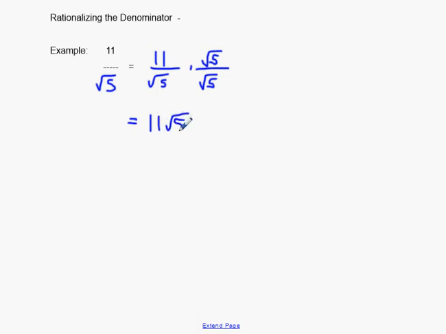In the denominator, we have square root of 5 times square root of 5, which gives us square root of 25, because they can be multiplied since they're both under the square root sign. And our final step is to simplify that denominator, because then we're asking ourselves what number times itself equals 25, and the answer is 5. And we have now rationalized the denominator because we now have a rational number in the denominator.